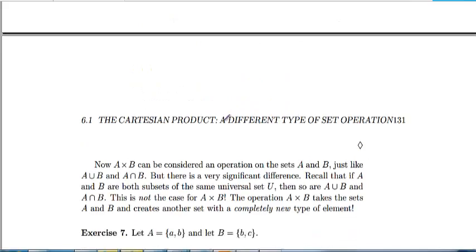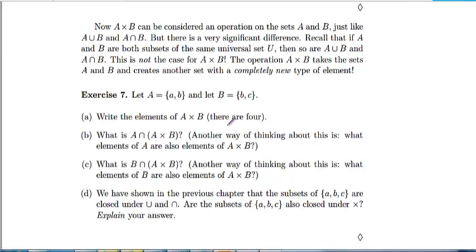All right, other examples that you can do. Okay, so notice that you have an operation on two sets, and you don't create a set, or you don't create a subset of the same set, but you create a different type of element.